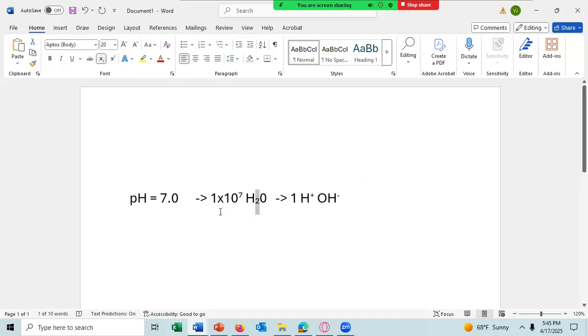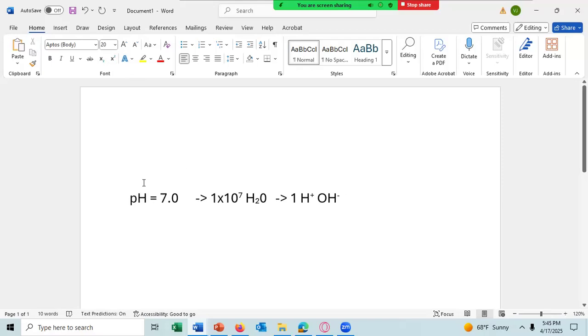So for 1 times 10 to the 7th water molecules, one of those water molecules will break apart, and then we'll have one H plus ion in solution for 1 times 10 to the 7th water molecules. That's pH 7. So there's one hydrogen ion per 1 times 10 to the 7th water molecules in solution. Any question about any of that?